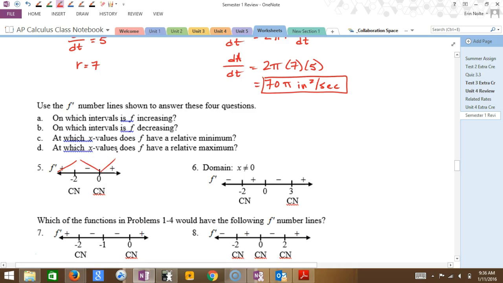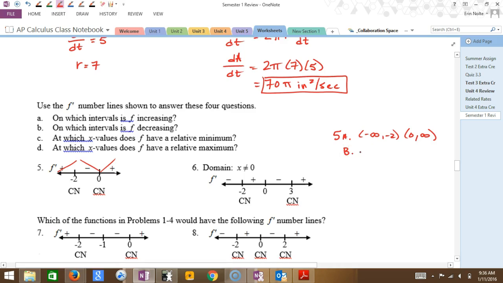So where is this function increasing? Let's see, where should I write this? Right over here. From negative infinity to -2, and from 0 to infinity.